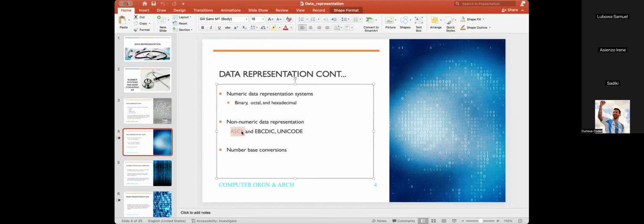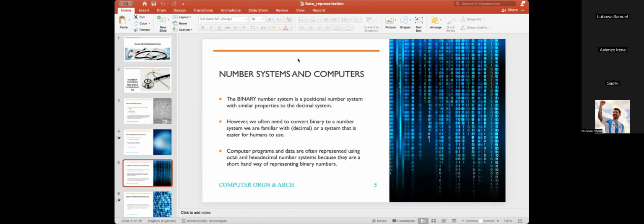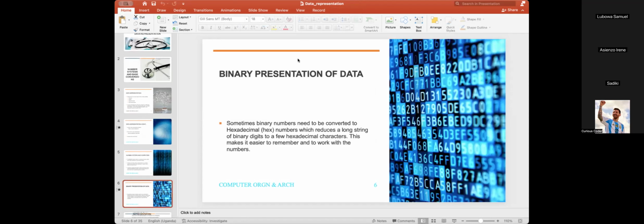Then we have another format, EBCDIC. Then there is also Unicode. We are also going to look at the number base conversions in this very session. These ones, I believe, people will read through and be able to understand.